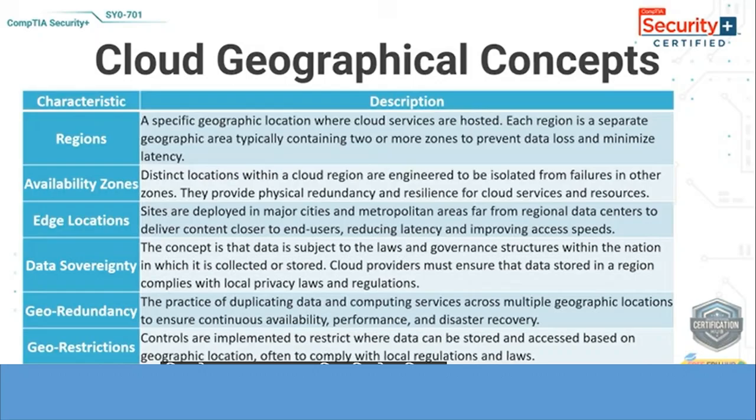So here we need to choose, or you can say that choosing the right region impacts compliance, speed and redundancy. This is very important. So region is there, availability zone is there, edge location, data sovereignty, geo redundancy is also there, geo restrictions also there. This is the description of that.